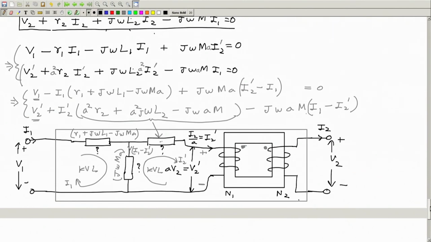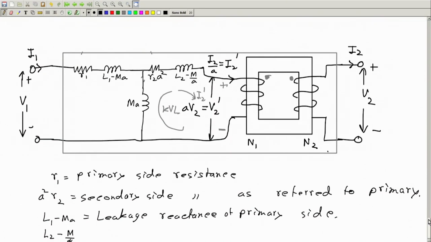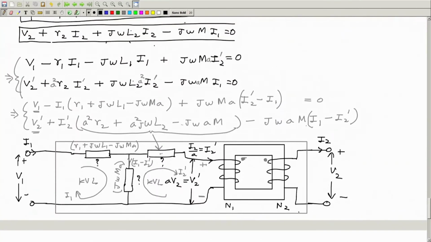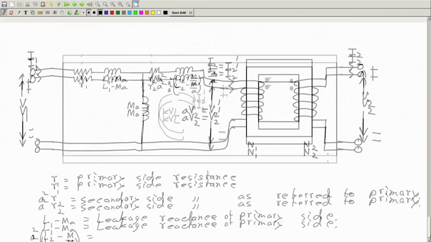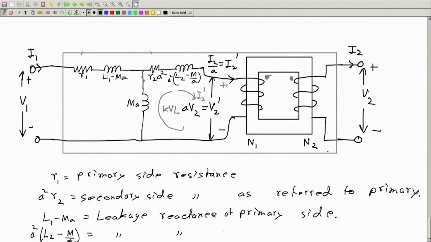Yeah, there is a square. I think there should be a square, right? Yes. So this will be leakage reactance of secondary as referred to primary.